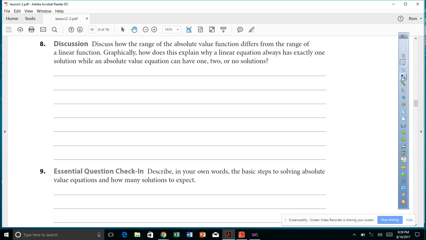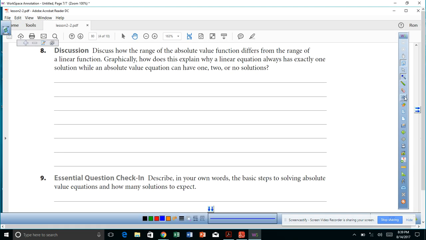Well, let's look. Maybe let's draw a little graph here. And we're going to draw a linear equation. For a linear equation, we'll do something like this right here. There's a linear equation. All right, now let's draw an absolute value equation. I didn't want to use black.